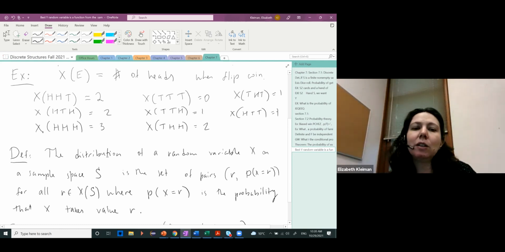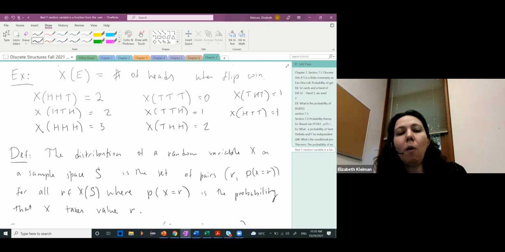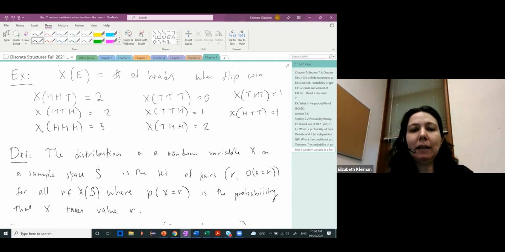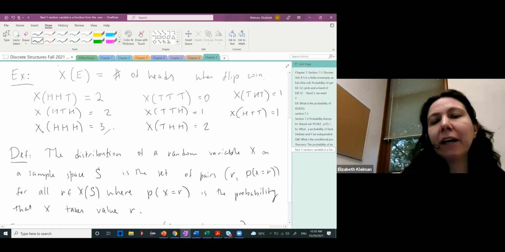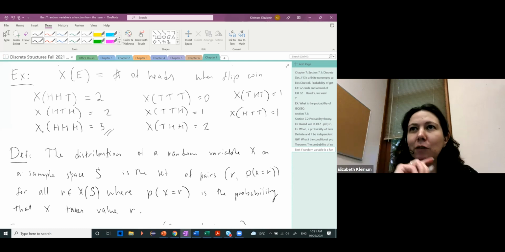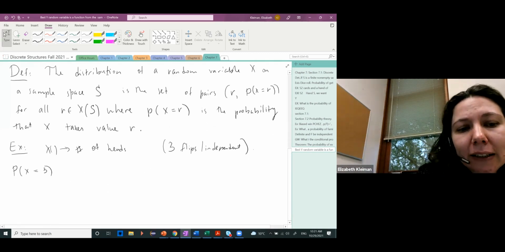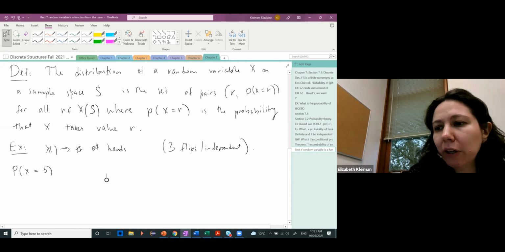So now for this variable, what is the probability that the value my variable takes is 3? 1 over 8 is correct, because I have 8 options.